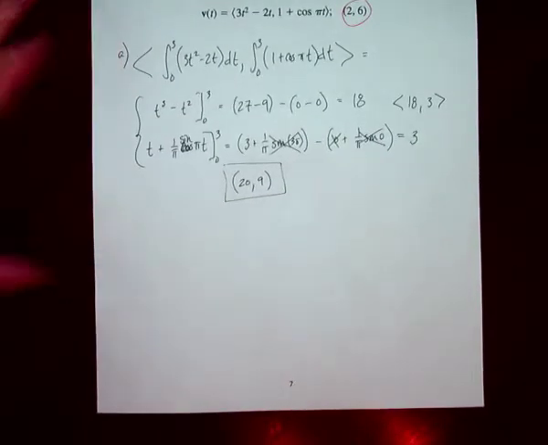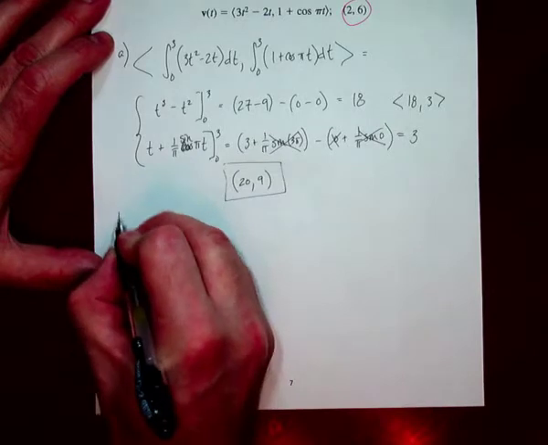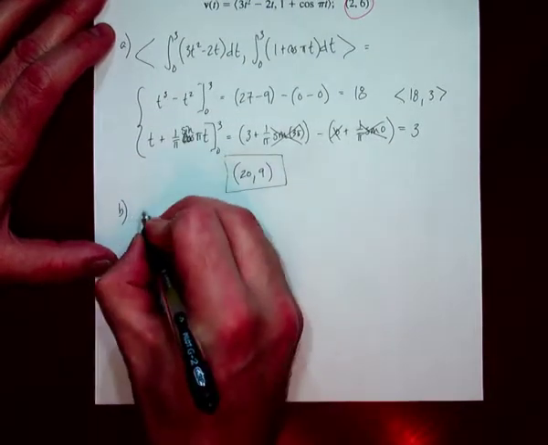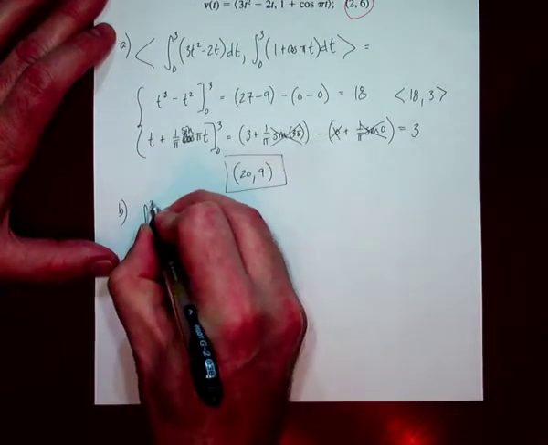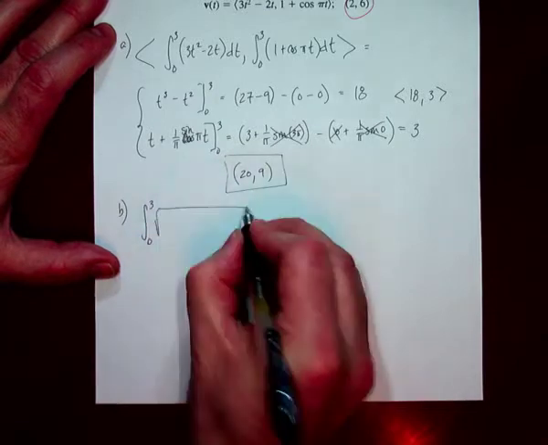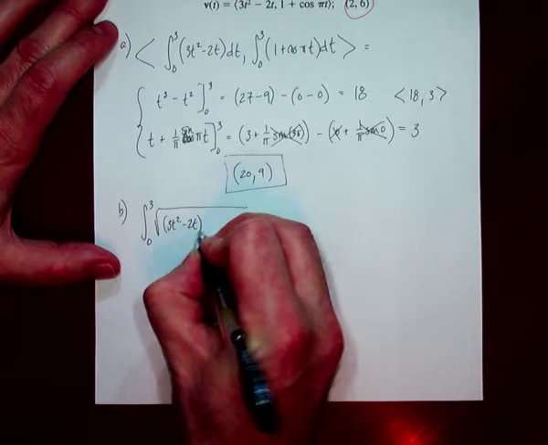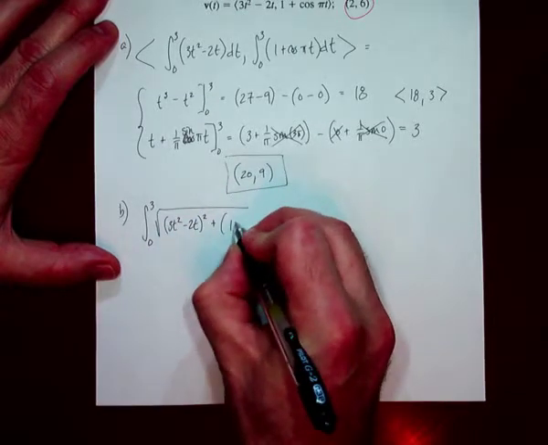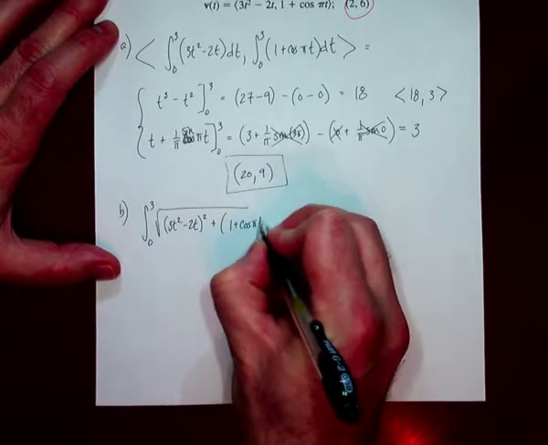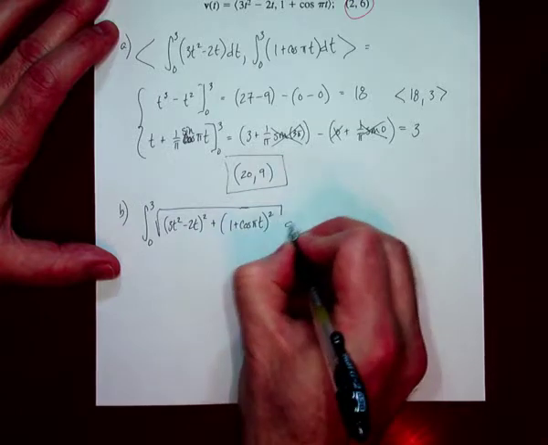Now, if I wanted the distance traveled, I would do the same thing that I did in the last one. It's basically arc length. So I have the arc length from 0 to 3, the square root of 3t squared minus 2t squared plus 1 plus cosine pi t squared dt.